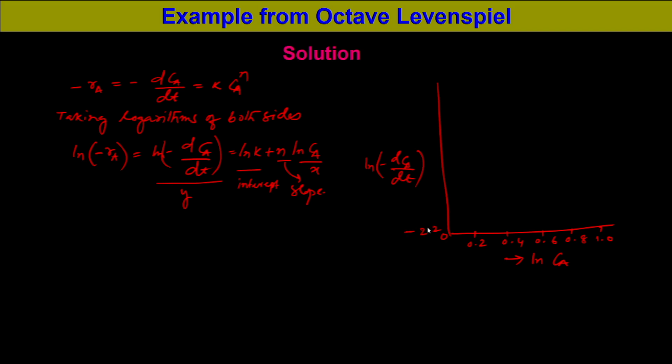So, this is minus 2.2, this is say 0.2, this is 1.8, this is 1.6, this is 2.0, and this is say minus 1.4, this is minus 1.2, this is minus 1.0, and this is 0.8.